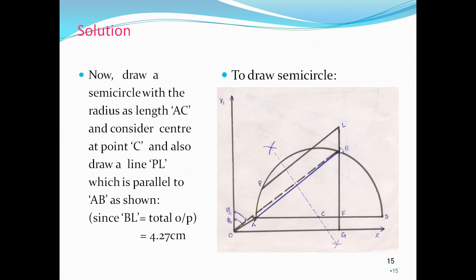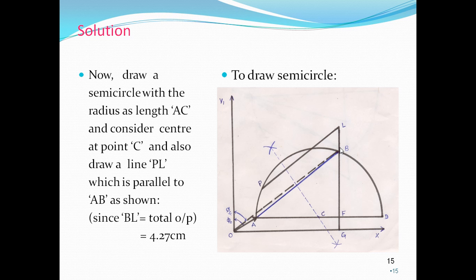For this voltage vector, first we have to draw OA, which is equal to I naught. First we have to calculate I naught, and I naught can be found from the no load test.